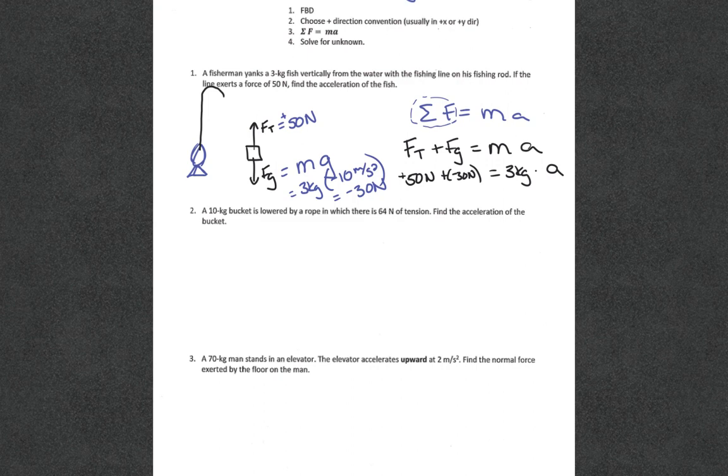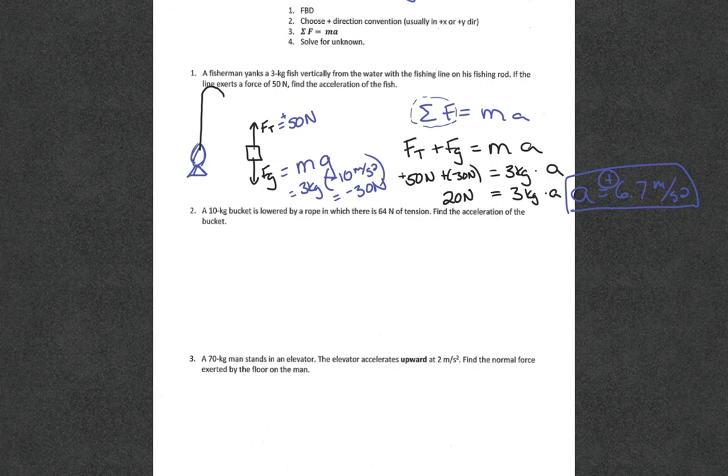So 50 minus 30 is 20 newtons positive, equals 3 kilograms times a, and 20 over 3 gives you an acceleration equal to 6.7 meters per second squared. And notice it came out positive.